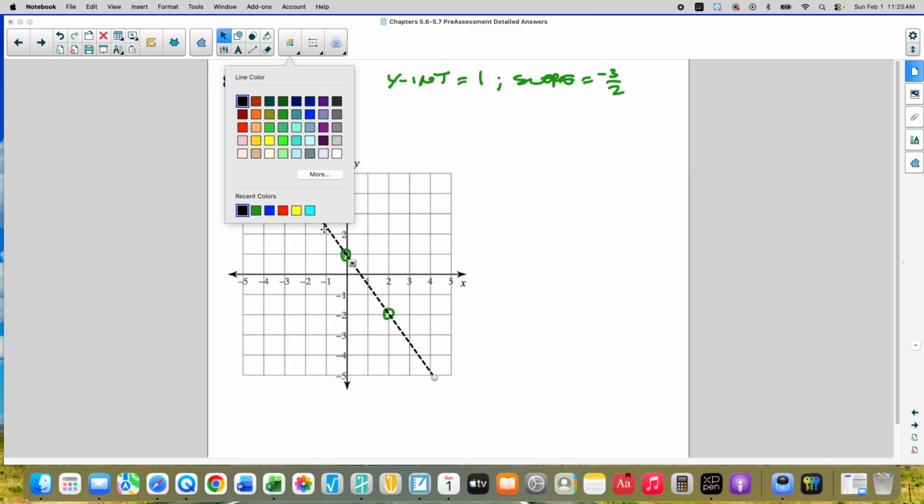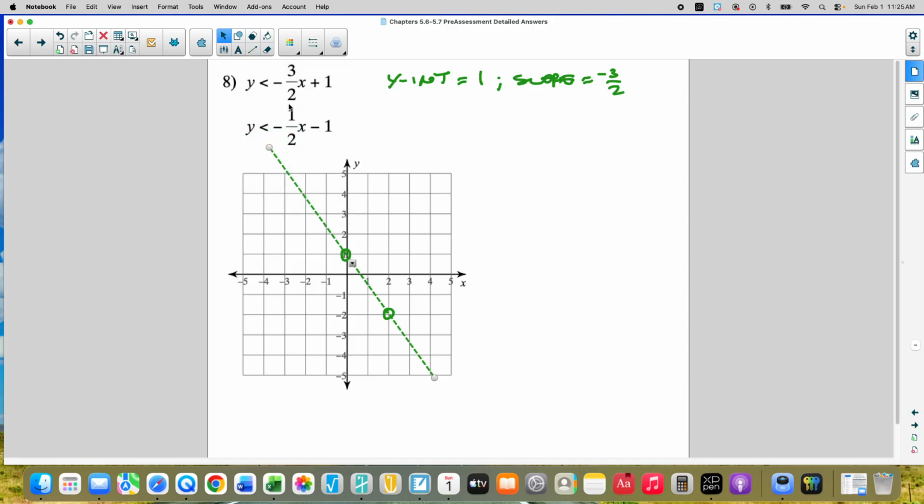That looks good. Let's make it green. That's good. Arrows. Let's test the point. We can use 0, 0. So 0 less than -3/2 times 0 plus 1 is 0 less than 1. Yes, that's true. So we're going to shade towards 0, 0.